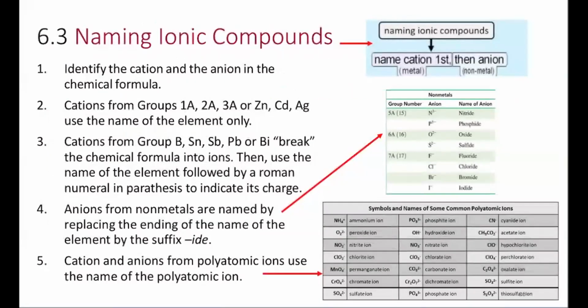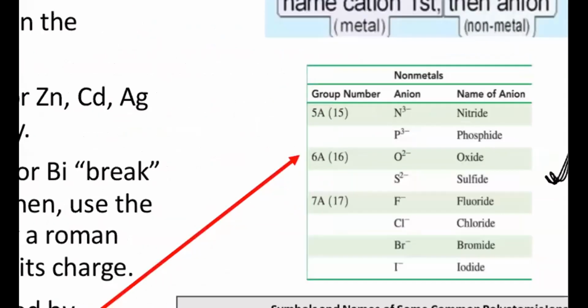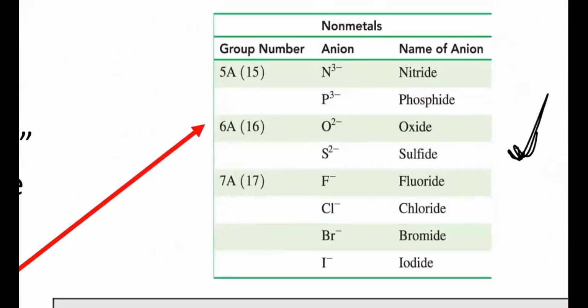When it comes to the nonmetals, now we're talking about slide 10, specifically right here. That's where you get your nonmetal information. If I'm not mistaken, this is table 6.1. It's just that table 6.1 is a little bit larger.